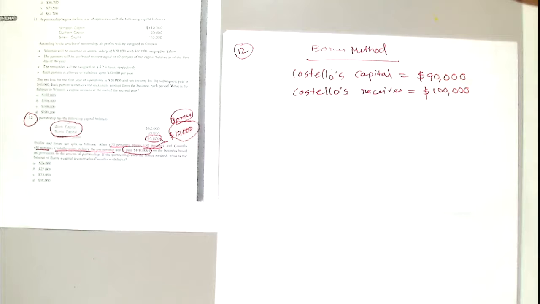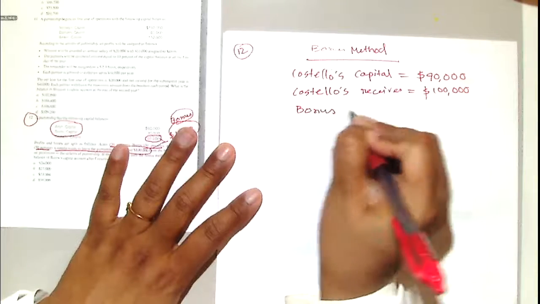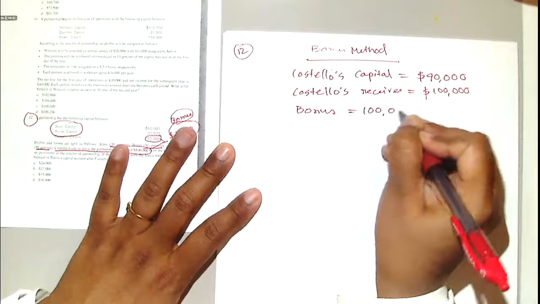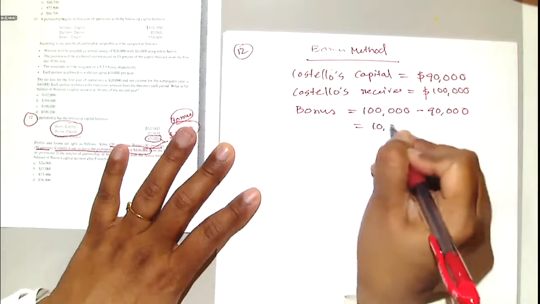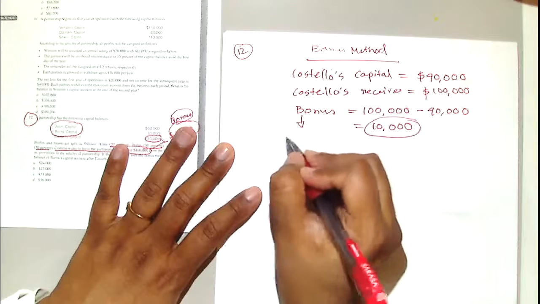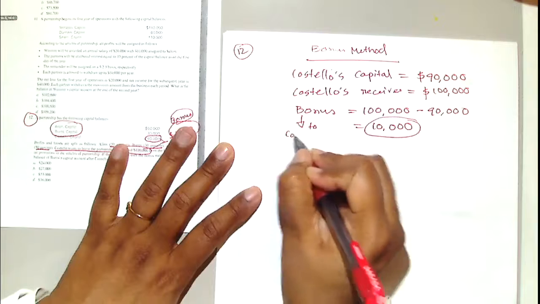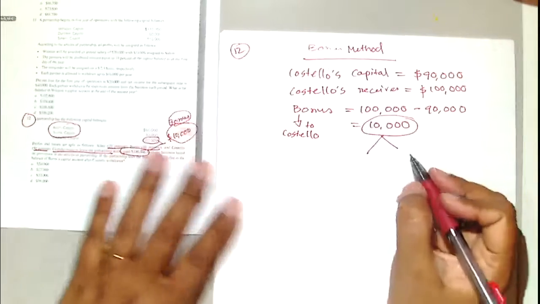But don't just write down the numbers, especially to get credits on your exam. Write, at least label the numbers. So bonus, we know, is the difference, $10,000. So bonus to Costello, right? So Costello is receiving bonus. So who's going to pay bonus? Allen and Barnes.